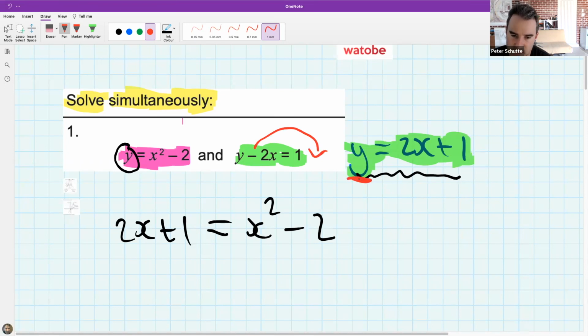And now, like I often say in class, the y is lonely, right? It's all by itself. Now, because it's by itself, I know exactly what y is. It's 2x plus 1. I can put this y into this y over here. So I replace that y with 2x plus 1. And now I've eliminated the y's because there's only x's left.